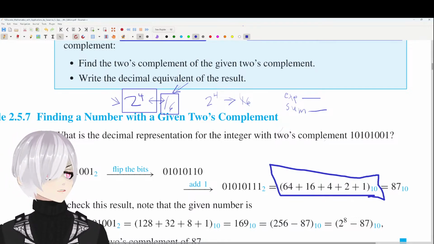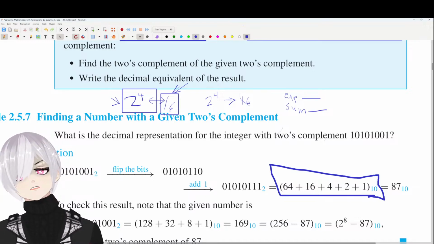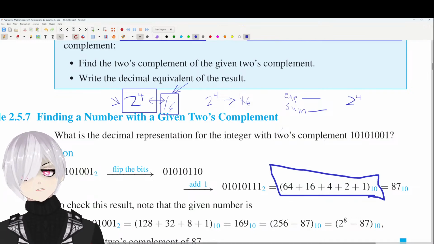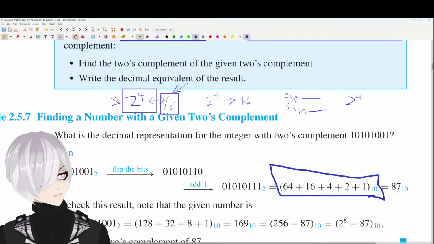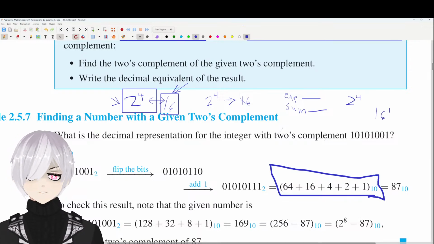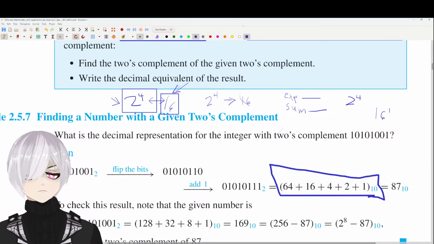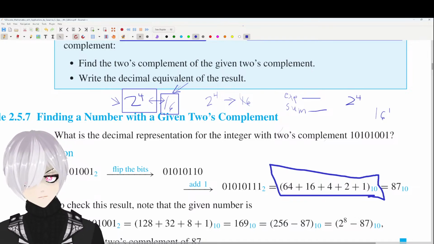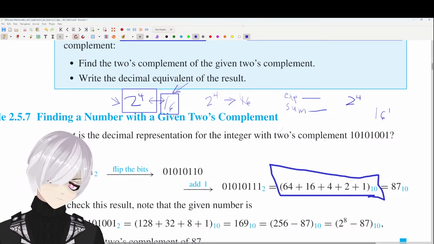16 would be, on one hand, 2 raised to the power of 4, or I guess it could be 16 to the power of 1. So I suppose I would need a name for all numbers raised to the power of 1.